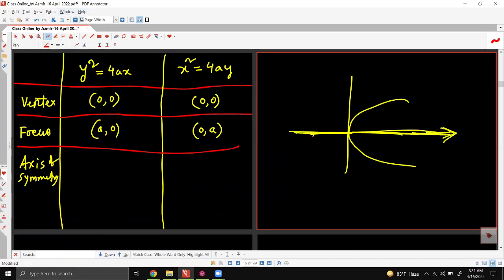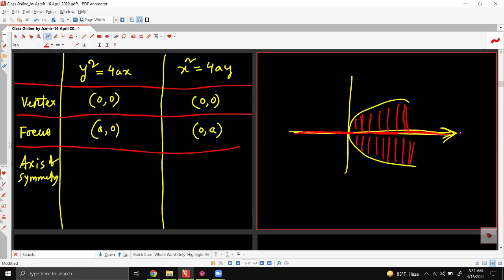This is also known as the axis of symmetry because from this axis, whatever amount we have in the upward direction, the same amount we have in the downward direction.